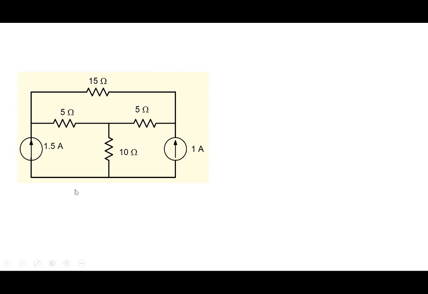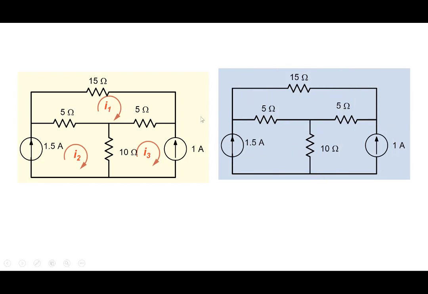Now, a complementary case: if I use mesh analysis here, I immediately know I2 is 1.5 amperes, I3 is minus 1 ampere, and there is only one unknown, which is I1. So I have to write only KVL here with one unknown, and I will get the answer immediately.